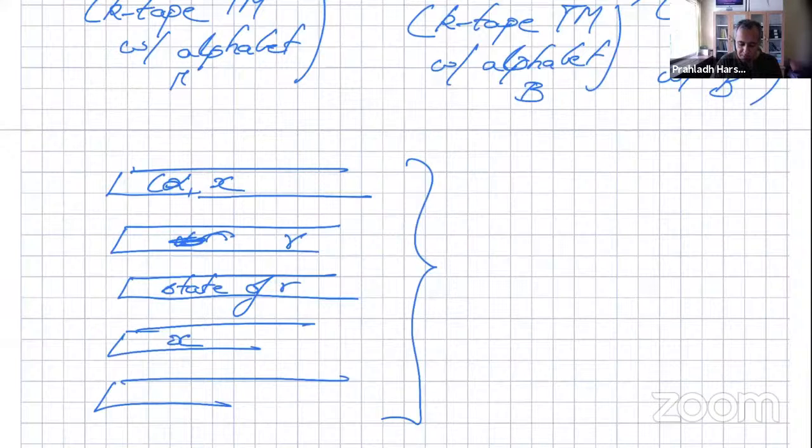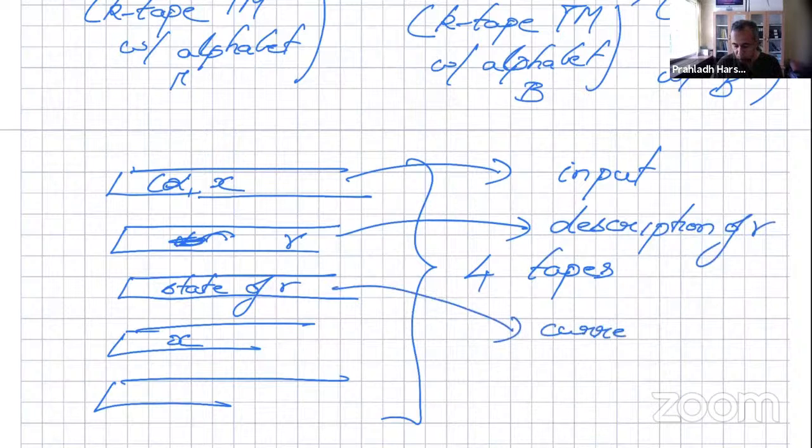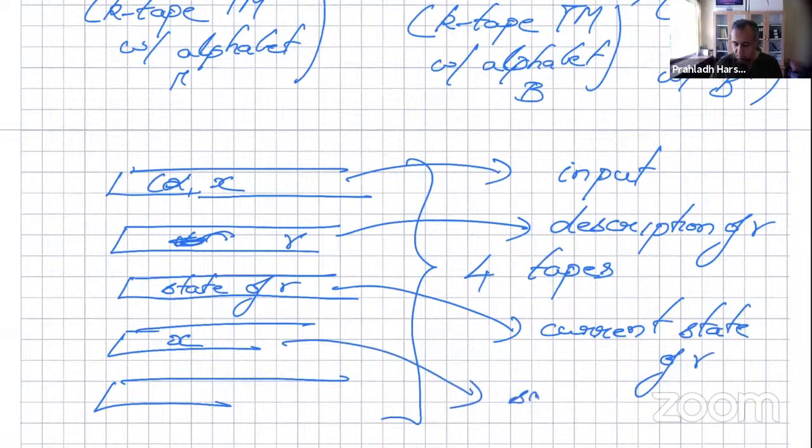One is to contain the original input. One is to contain the description of gamma. One is to contain the current state of gamma. And one is actually the single tape simulation which is happening.